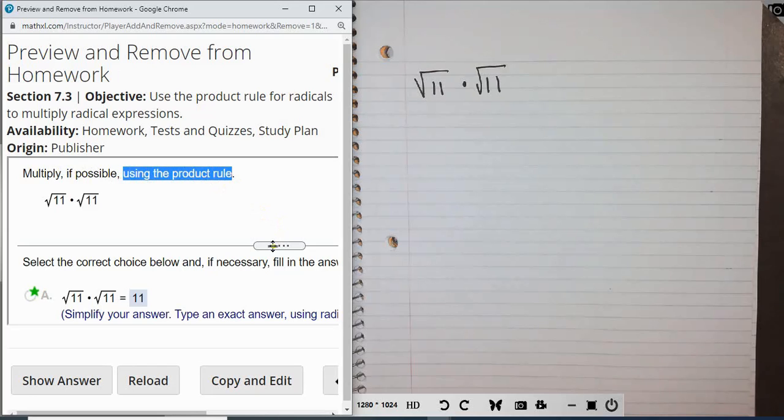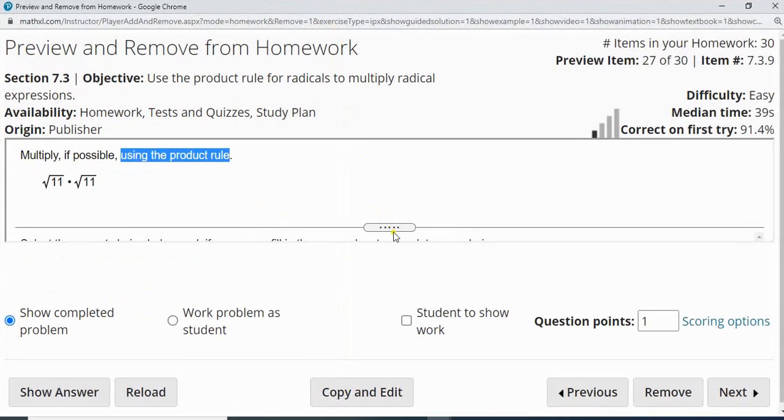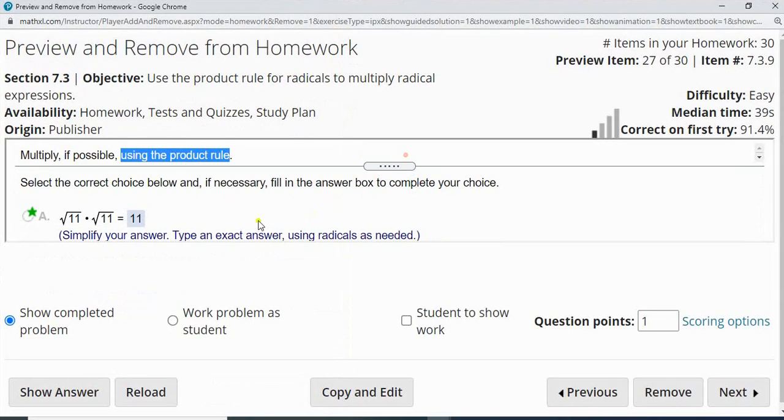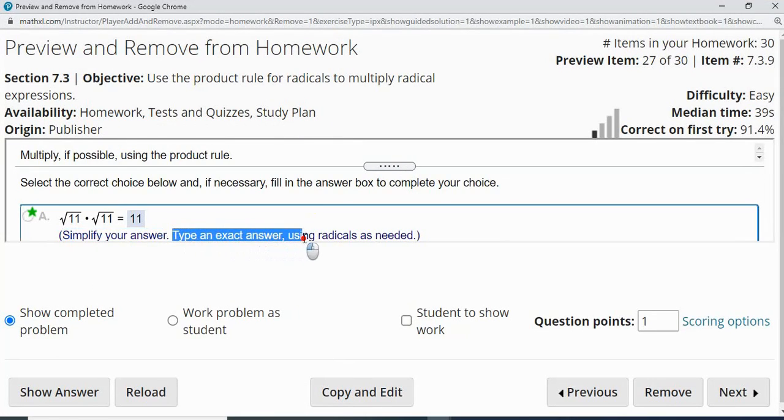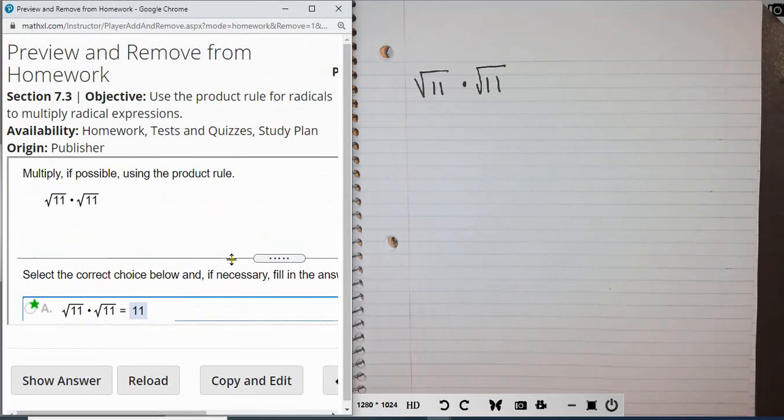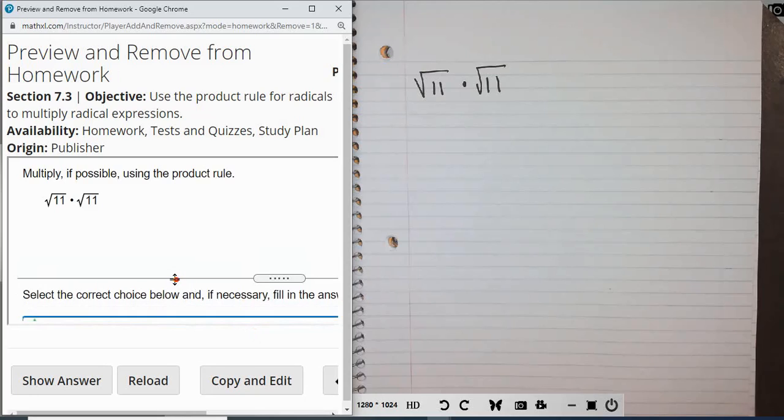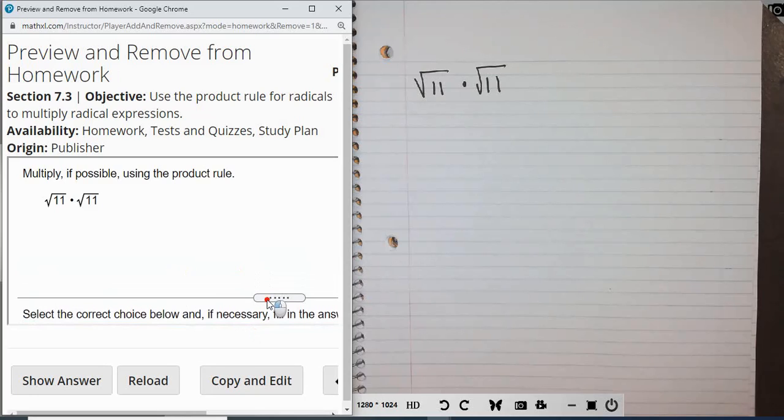If we scroll down a little, we see it says simplify your answer, type an exact answer using radicals as needed. So we have to simplify this at the very end. Don't leave your answer in an unsimplified form.